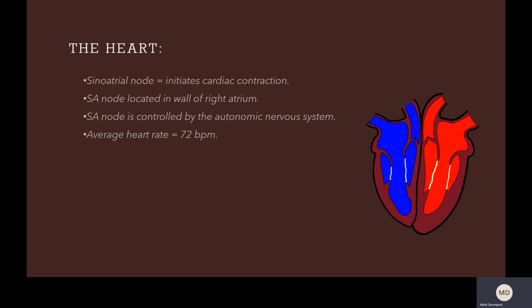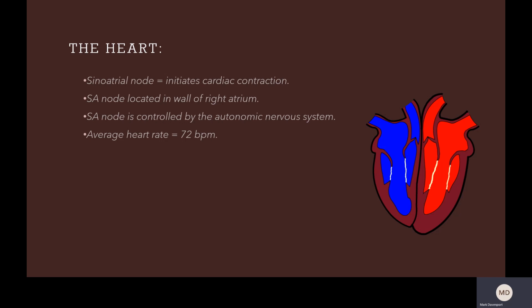Within the heart there's something called the sinoatrial node, which initiates the cardiac contraction. The SA node is located within the wall of the right atrium, and we're going to look at a diagram of the heart in just a minute. The node is located in the wall of the right atrium, around here, if you can see my cursor.